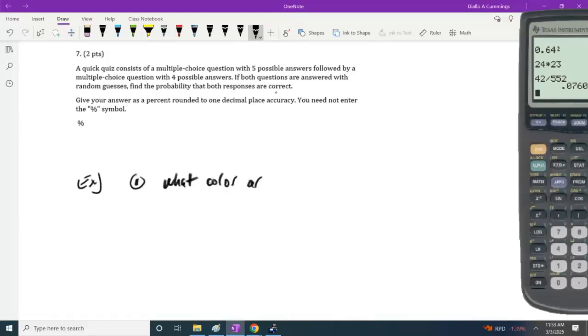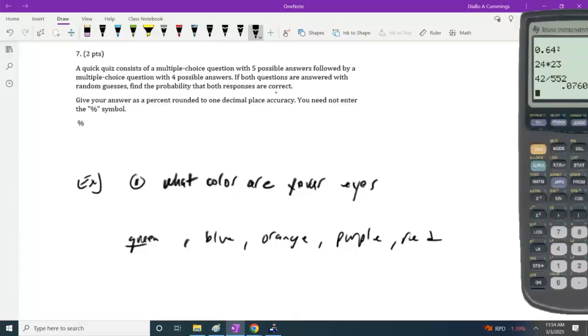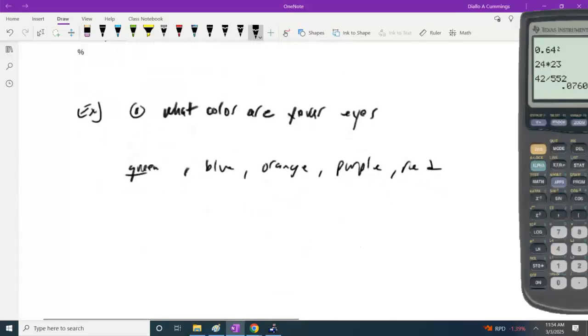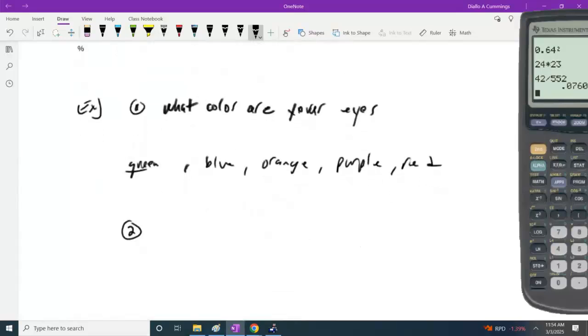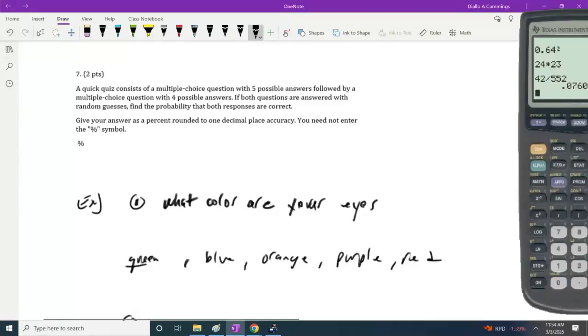What color are your eyes? You can have green, blue, orange, purple, red. 1, 2, 3, 4, 5. 5 answer choices. The second question has how many answer choices? 4.